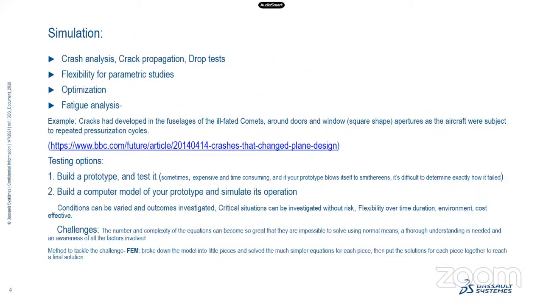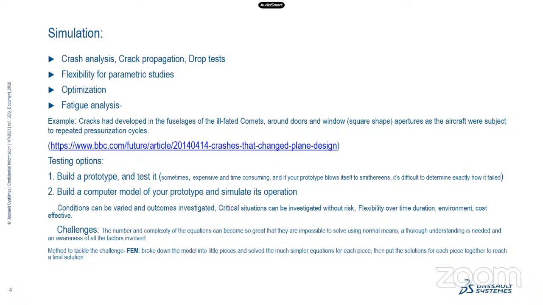Now we go to simulation. What are the advantages or different aspects which make simulation actually needed? Why do we actually need simulation? In some cases we can still manage with an experimental setup or analytical solutions.